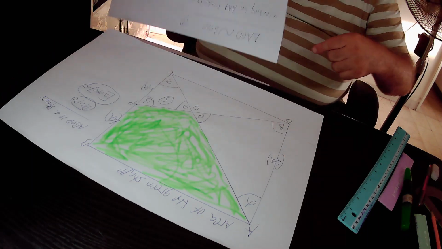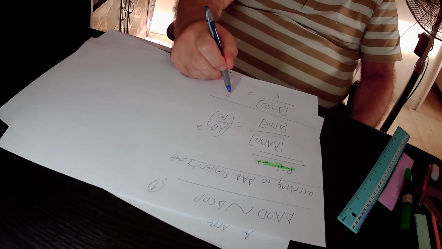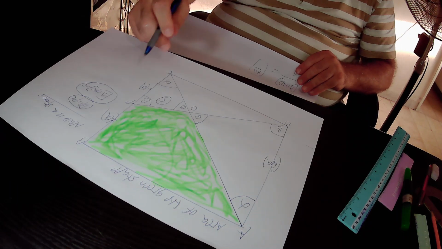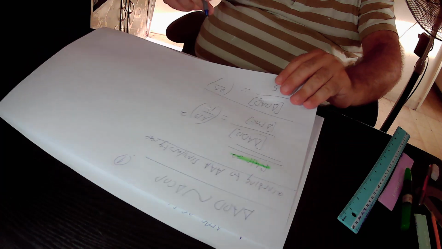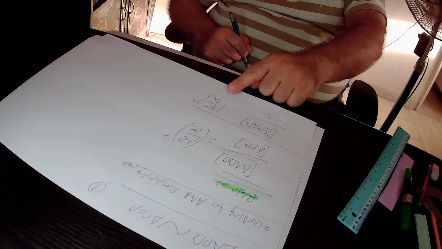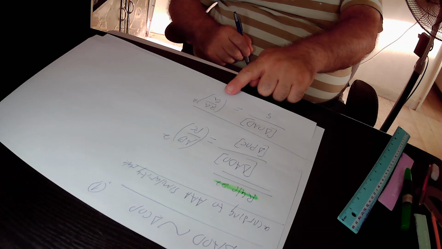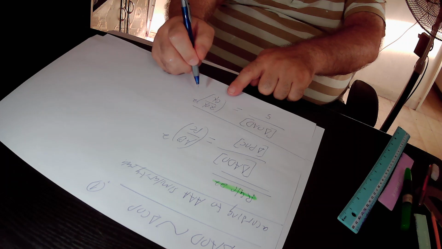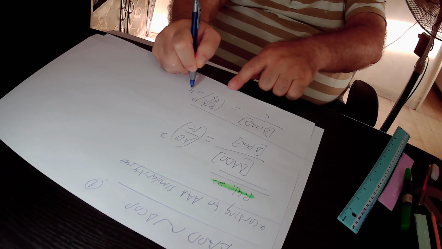AD is 2A, over PC, PC is A, squared. Here we have A in the numerator and A in the denominator, so A will get cancelled, and we are left only with 2 squared. This is of course 4.